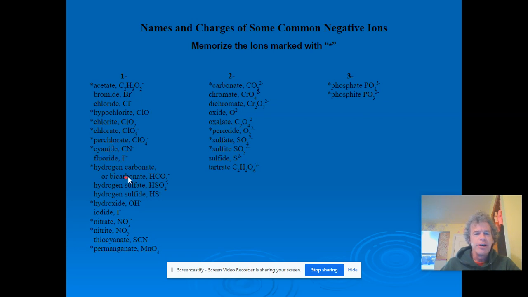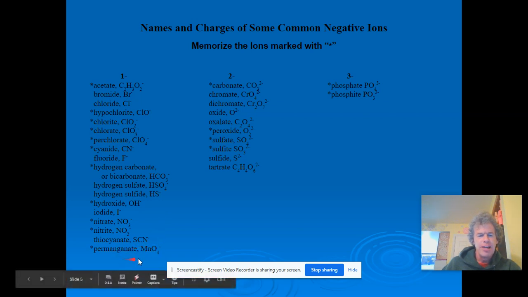Hydrogen carbonate is more commonly called bicarbonate, which is in baking soda. Baking soda is sodium bicarbonate, HCO3 minus. Hydroxide, like sodium hydroxide, is OH minus. Nitrate, a common ion in fertilizers, is NO3 minus. Nitrite is NO2 minus. Permanganate is MnO4 minus.